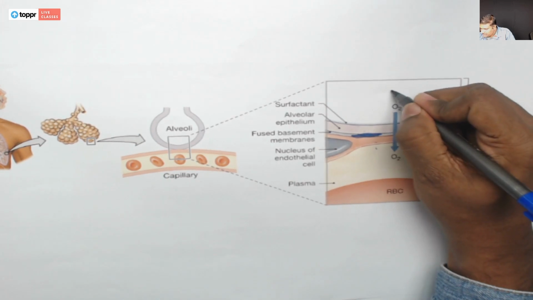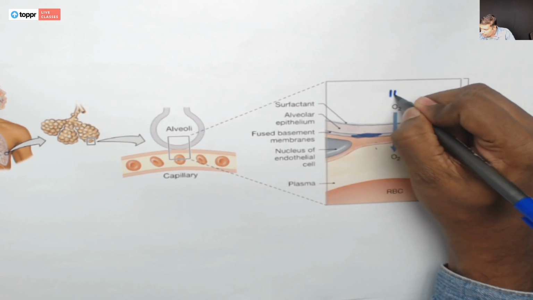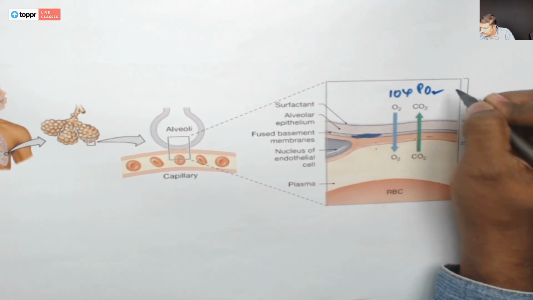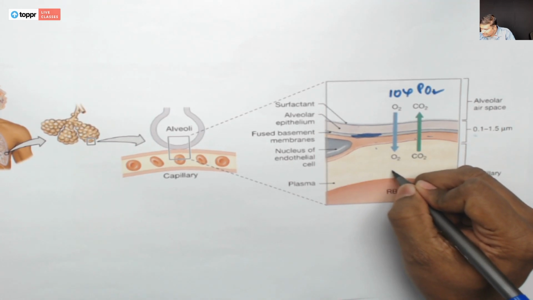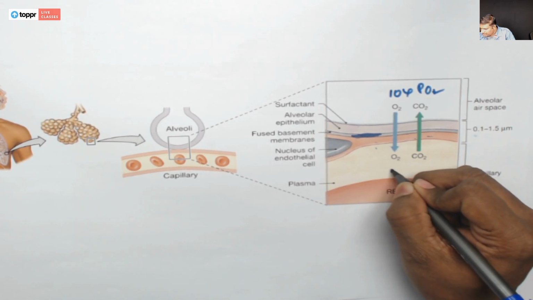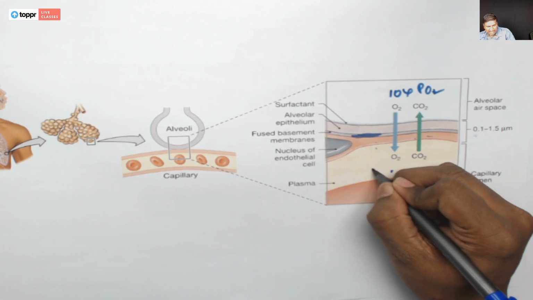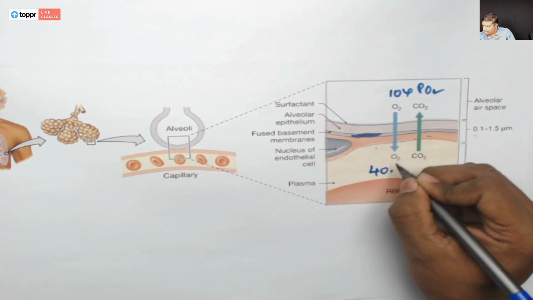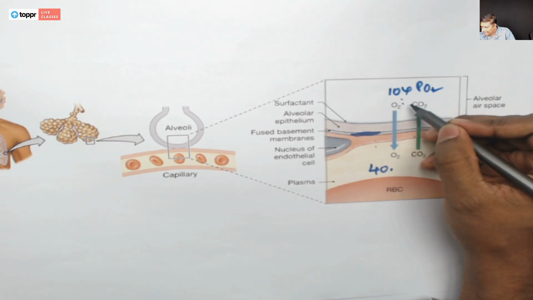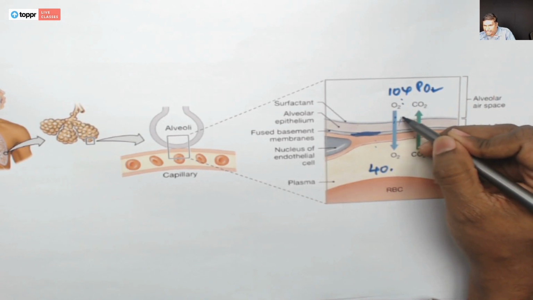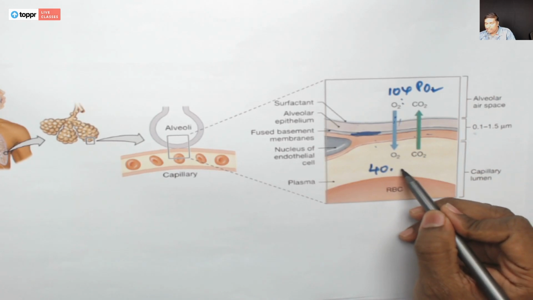Like I said, in the alveoli the partial pressure of oxygen is 104. Since the alveolar partial pressure is high and in the deoxygenated blood the partial pressure is only 40, the oxygen will simply diffuse from the alveoli through the respiratory membrane into the plasma.